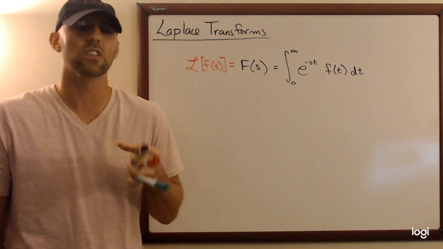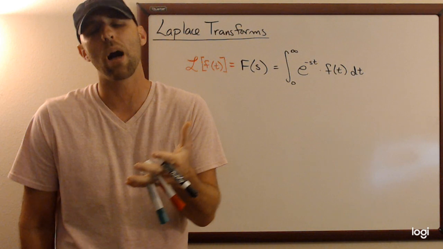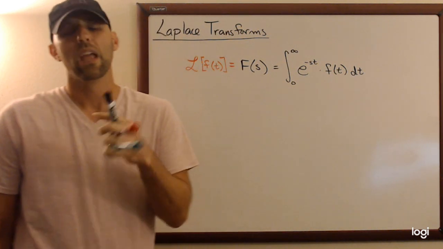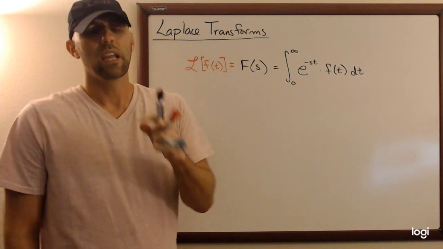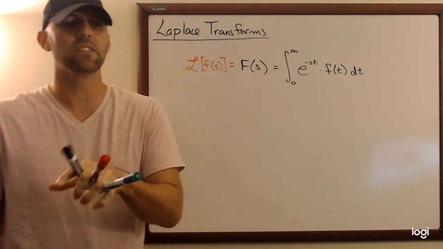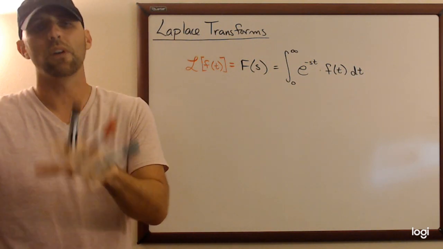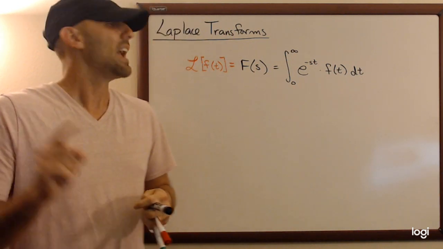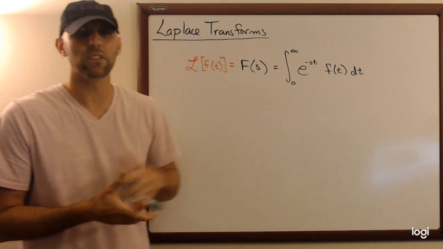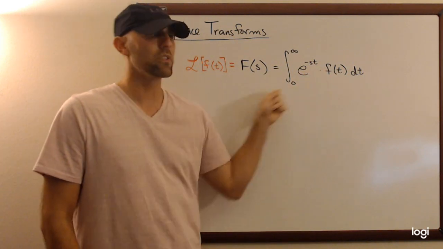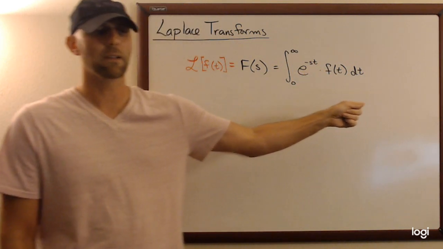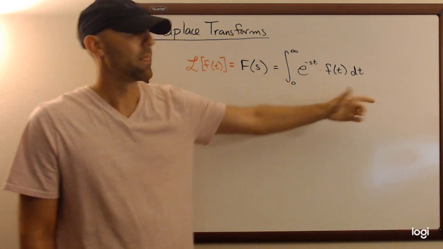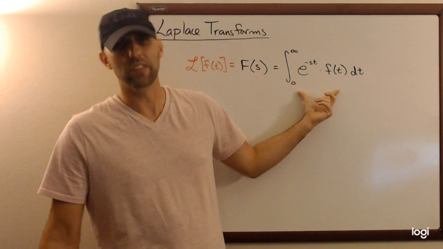Why is this so powerful and so common among engineers and physicists that we use it all the time? And it's not its effect on the basic nice functions that we normally deal with. Okay, it has to do with the requirements for this function, for this to work. For this to be even defined, this integral has to exist.